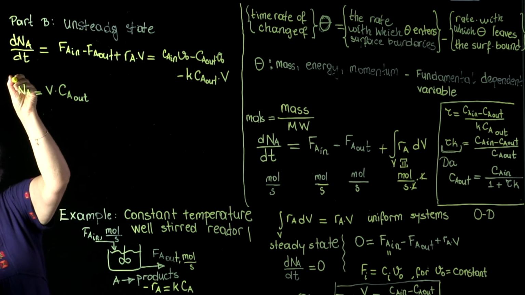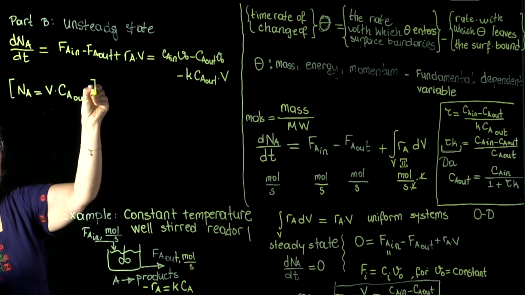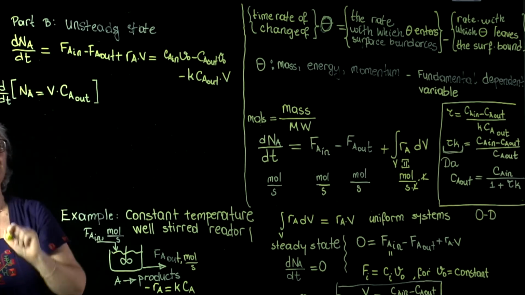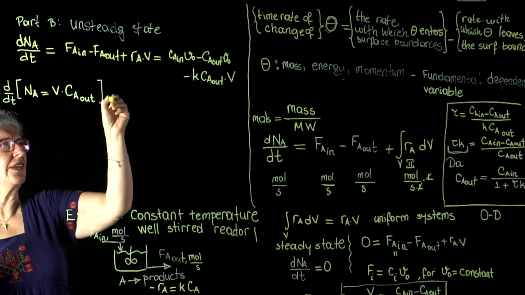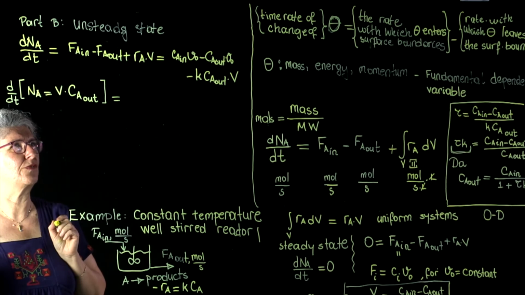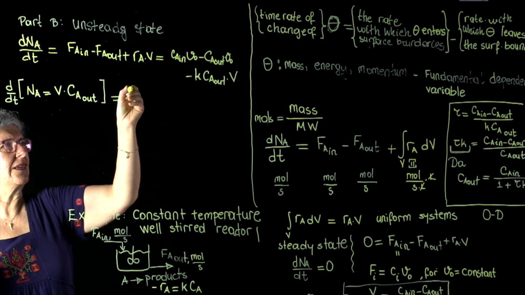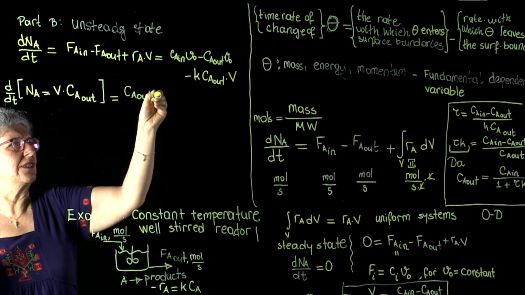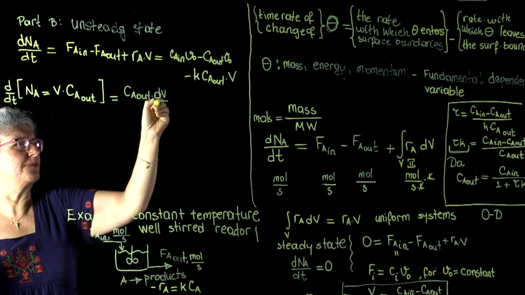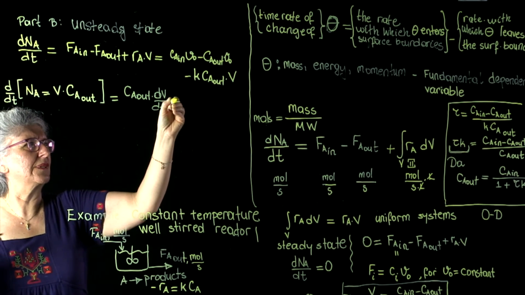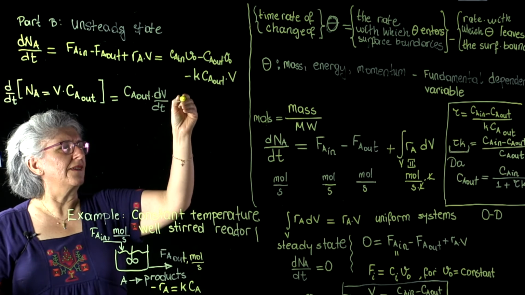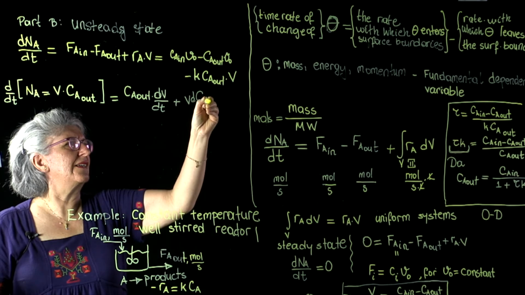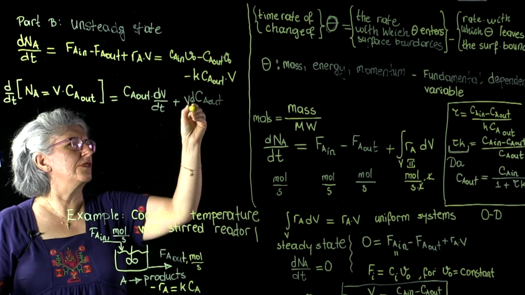And as such, if we are going to take the total derivative of this, we're going to end up with two pieces of information: CA out times dV over dt plus V times dCA out over dt.